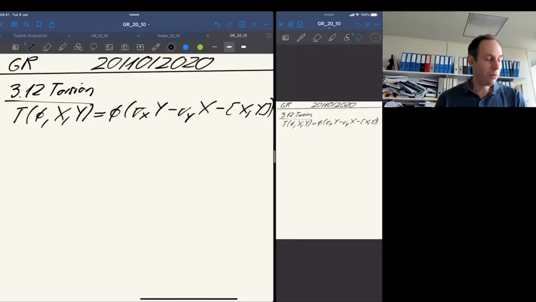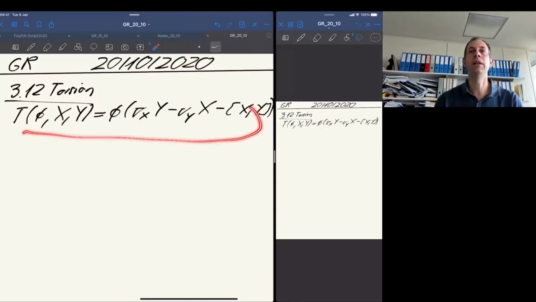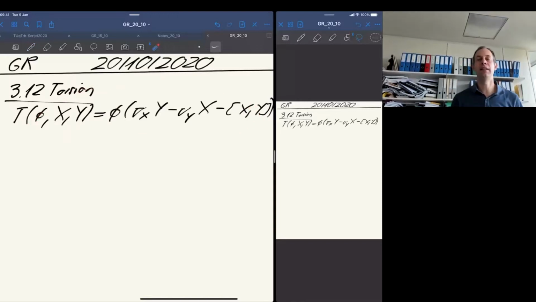Now, what do we need to do first? The thing that we should first verify is that the object defined here is indeed a tensor. Now, what does that mean? A tensor should be such that if I change something in one of the arguments, so for example, take this x argument here, this is a vector field. So it's something defined all over the manifold, all over space-time, if you like.